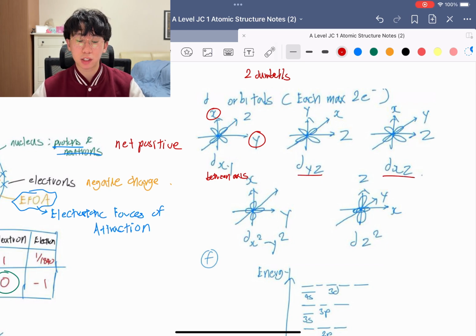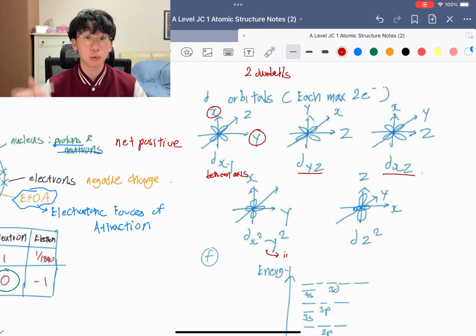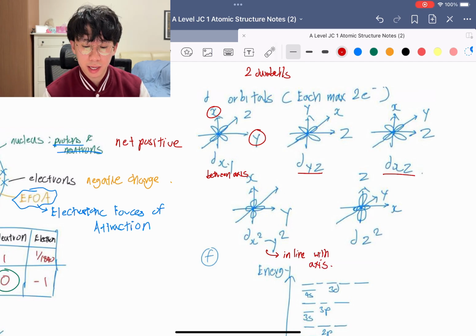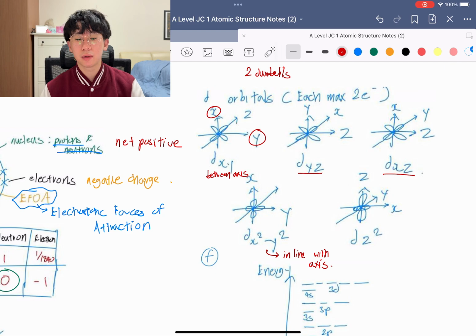For dx squared minus y squared, the orbital is in line with the x-axis and the y-axis, not between. So that gives this very unique name. And then dz squared is another unique d orbital where it's only along the z-axis. It's kind of like a dumbbell, but with a little ring around it, like Saturn.